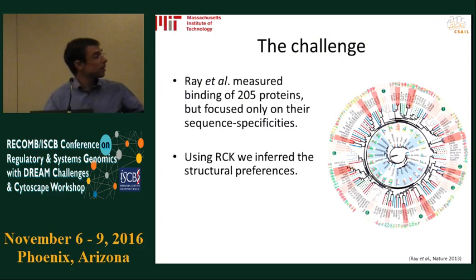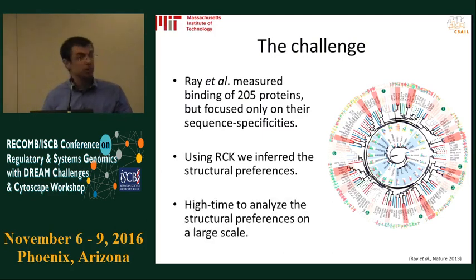Now that we have the new algorithm that we termed RCK, we can infer the structure preferences from these data. It's the first time that we can ask what are the common structural preferences of the 205 proteins in this dataset, and maybe conclude something even broader about RNA binding proteins. So this is what we went and did.